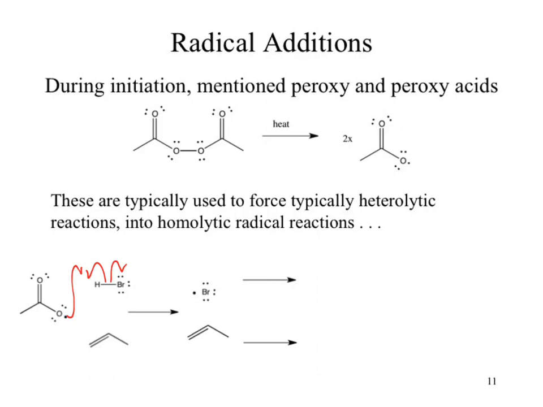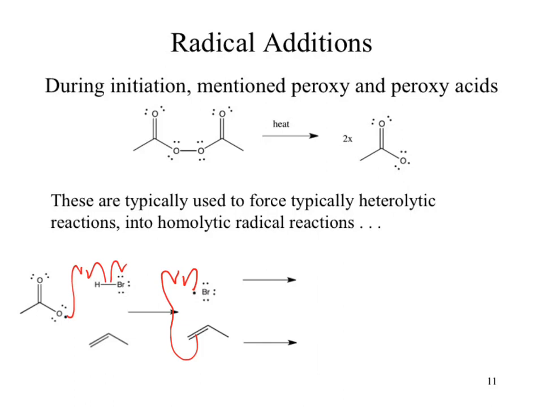So now the question is, how does it react with the alkene? An electron from the pi bond, for lack of a better way to locate it, comes out and will react with the bromine. What happens to the other electron in the pi bond? Moves to the carbon.